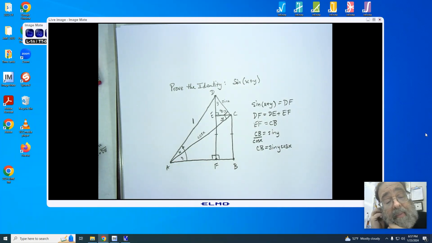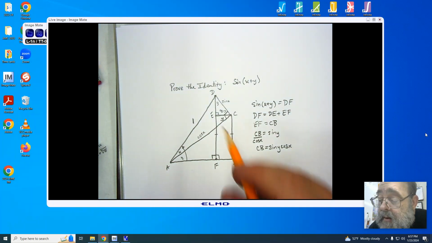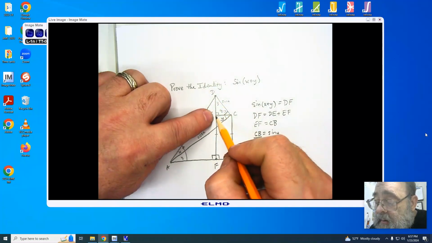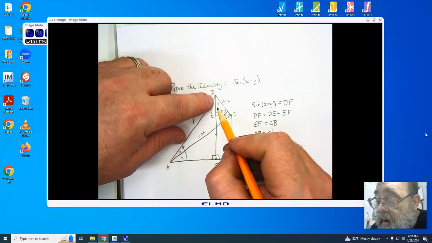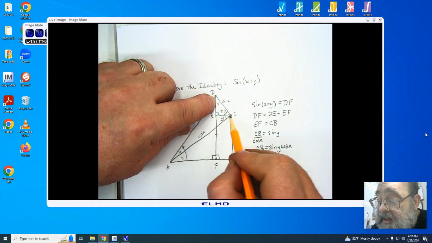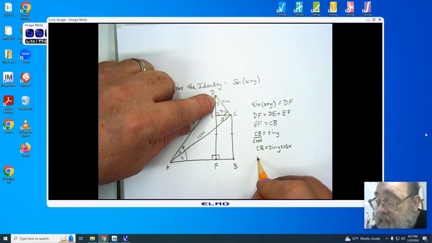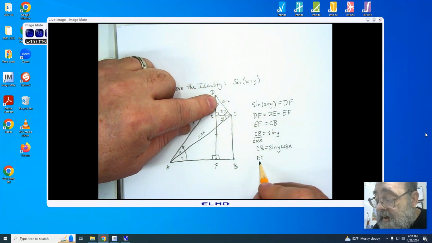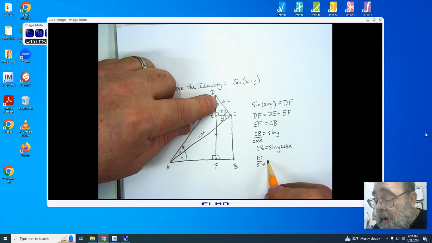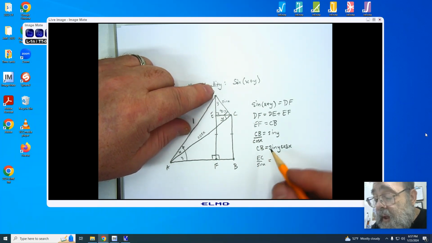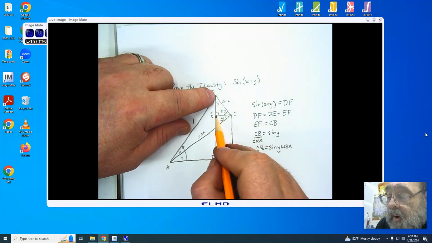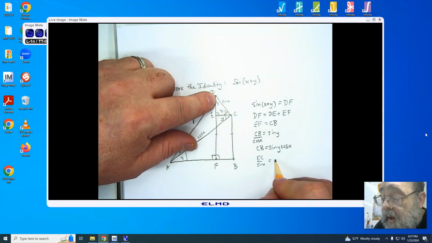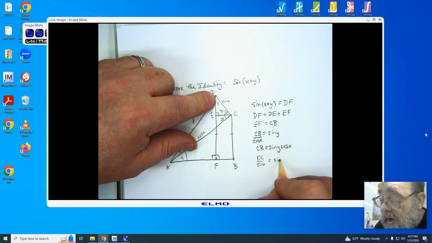Well, let's think about our segment DE. See how DE is right here? From angle Y, segment EC divided by the sine of X has to equal the opposite over the hypotenuse, which is the sine of Y.